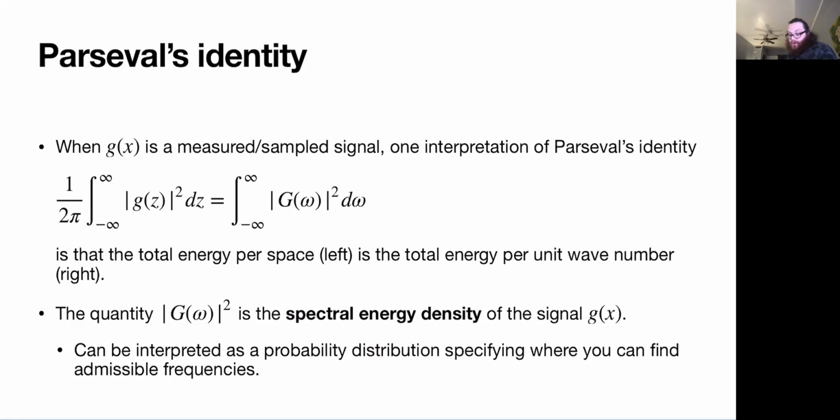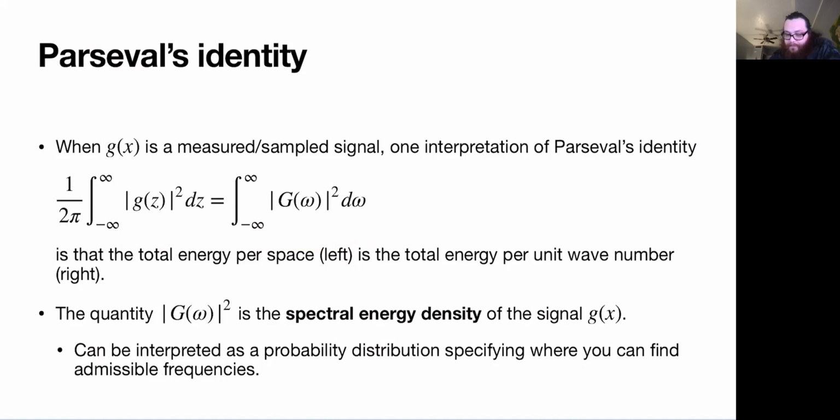Right, so if you interpret it in that way, then one way to make sense of these is that over here, this is the total energy in space for your signal. Whereas on the right, this is going to be the total energy per wave number or frequency for your signal.